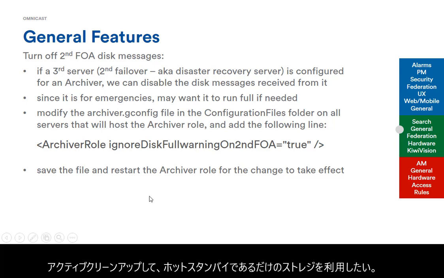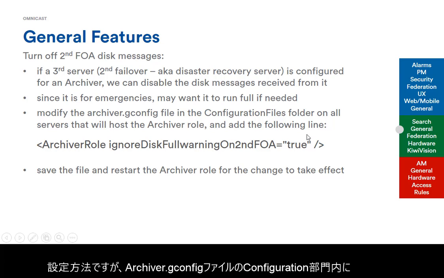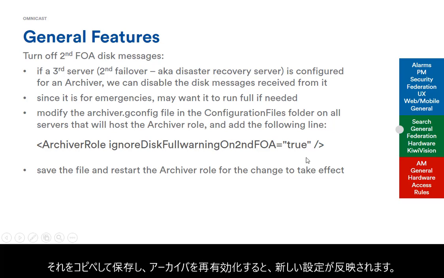You might want it to use all the storage and keep as much as it can and do the active cleanup, and we don't want to hear about disk full warnings. We can set that up in the archiver.gconfig file, and just add this line in the configuration section. Again, if you need this, it's available on TIP. You can just copy and paste that in there, then save it and restart the archiver role, and this will take effect from there.